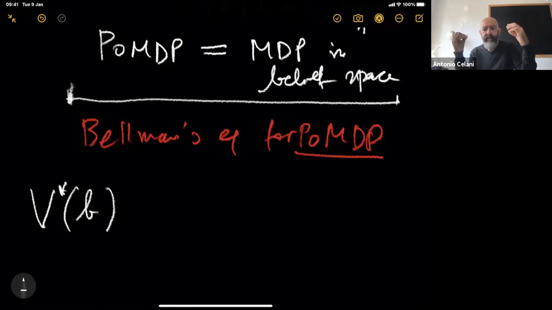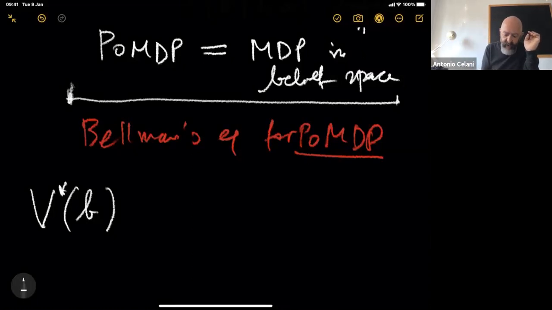Again, remember, this is a problem of planning under uncertainty. So all of this is something which happens in the mind of the decision maker before even getting to know what kind of observations it will make. It's just planning. This is a little bit mind-boggling, but one has always to keep that in mind.